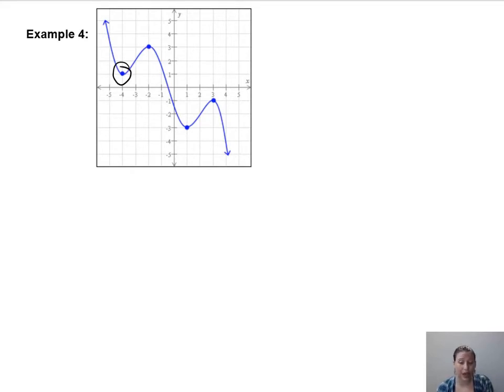It's not a global anything because it's not the overall top or overall bottom, because it goes higher over here, right, and lower over here. So that means it's not a global. Is it a local something? Yeah. Because on this section of the graph, right, it is the bottom. So let's call that point A. Point A is a local minimum.